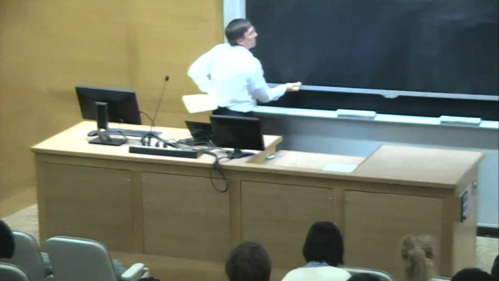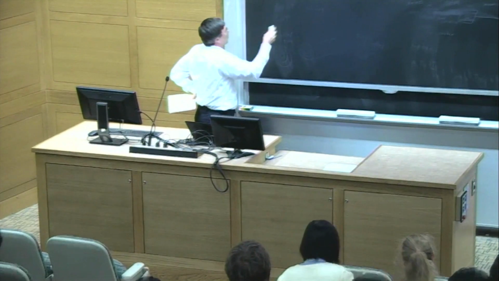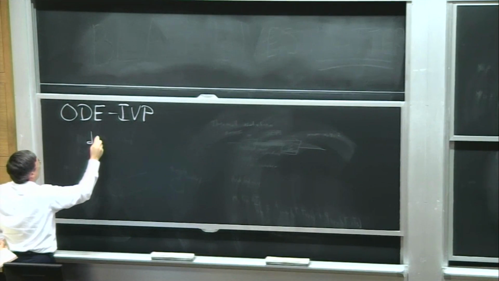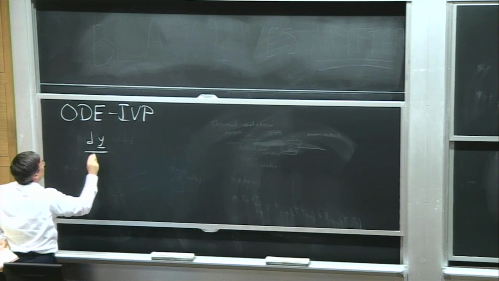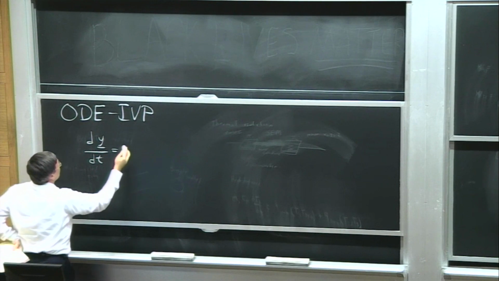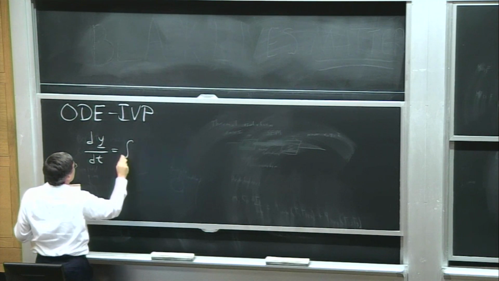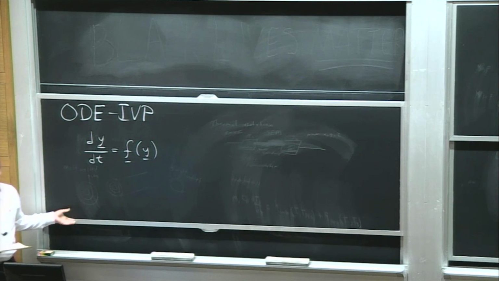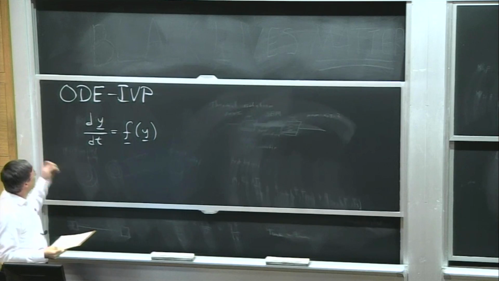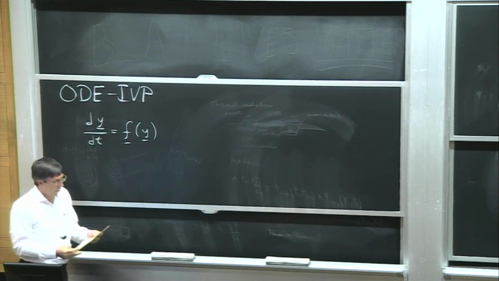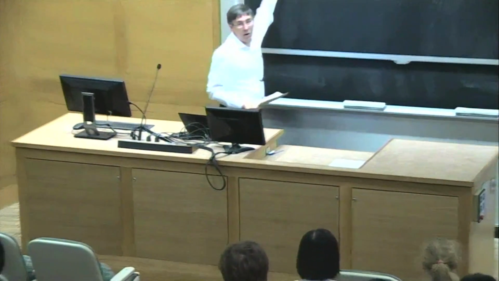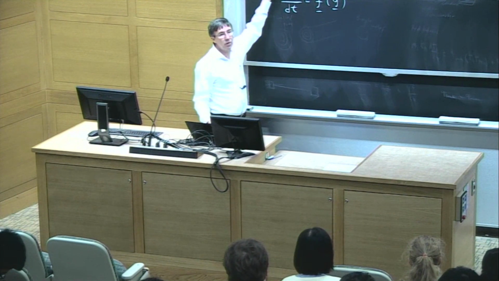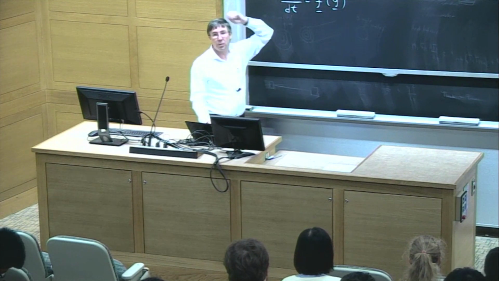And I'm going to focus exclusively on ODE-IVPs. What do these things mean? ODE means ordinary differential equation. It means that the only differentials in the problem are with respect to one variable.